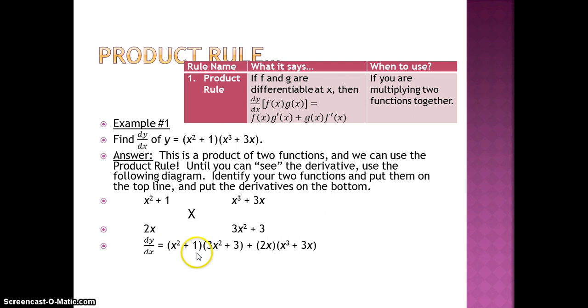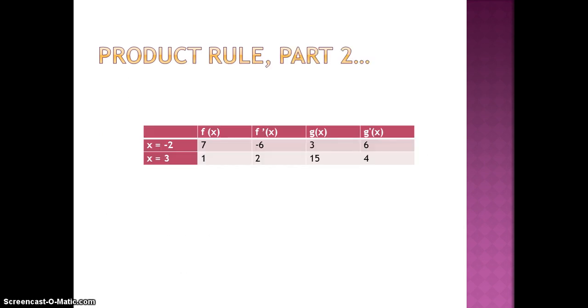So here we get x squared plus 1 times 3x squared plus 3 plus 2x times x cubed plus 3x. And yes, I will ask you to simplify. When you do so and gather like terms together, you get 5x to the fourth plus 12x squared plus 3.